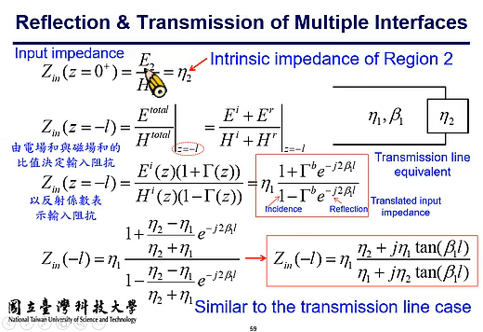The reflected E field can be substituted with: E_R is E_I times gamma Z. Use the translated reflection coefficient to represent your reflected E field.